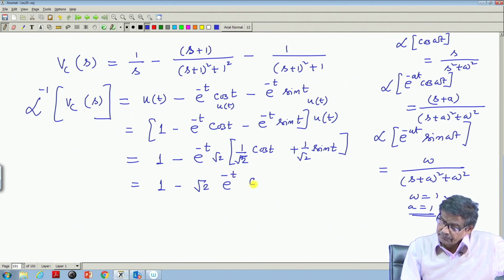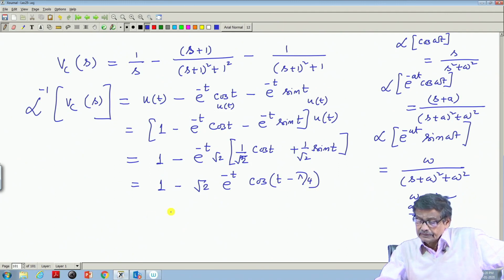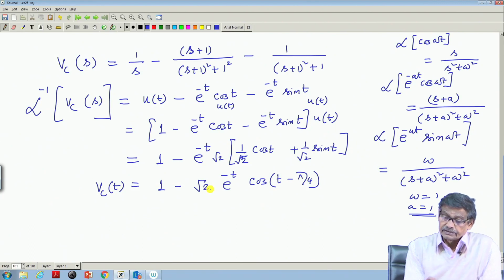This is nothing but cos of t minus pi by 4. That way also you can write it. Therefore, this is the solution V c t after taking Laplace inverse.